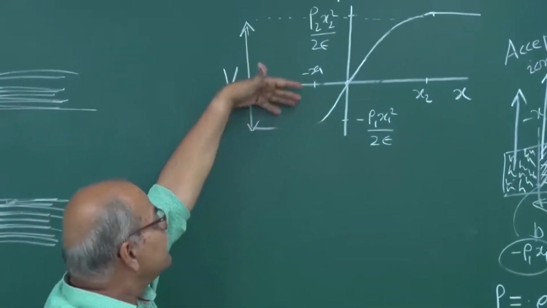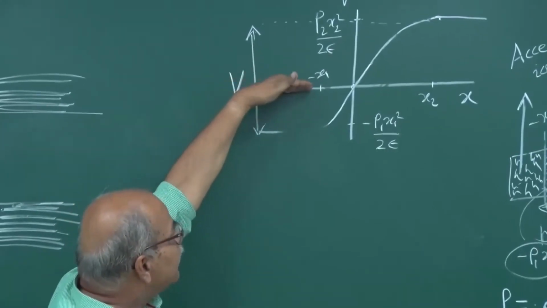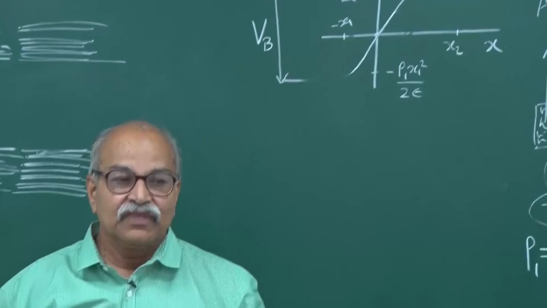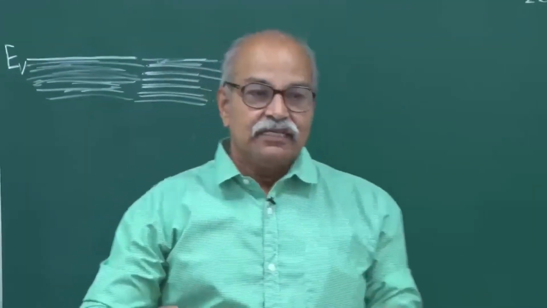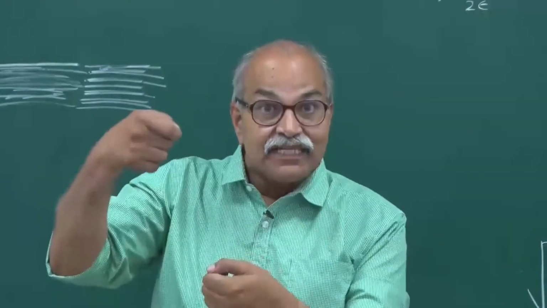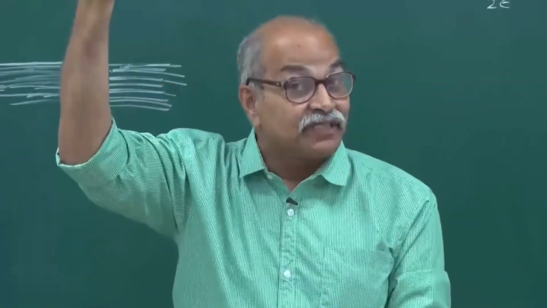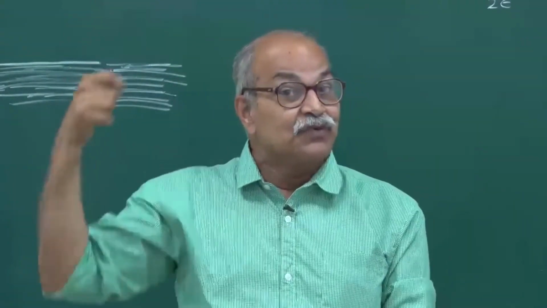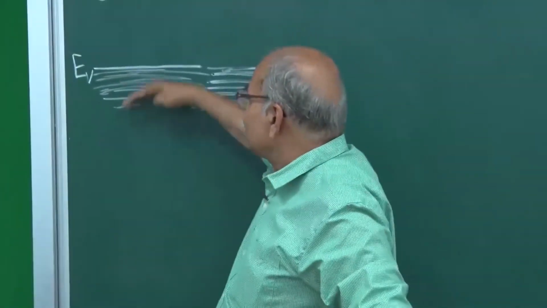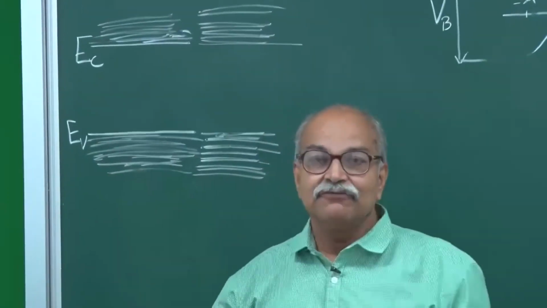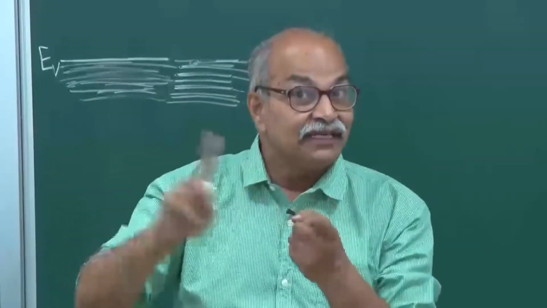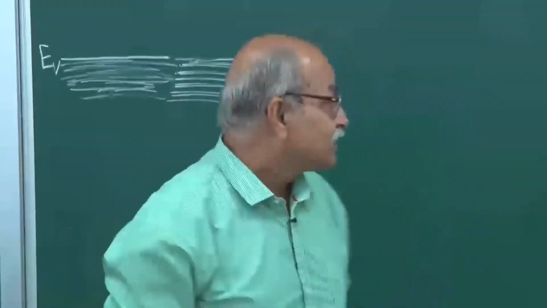On p side the potential has gone down. So potential has gone down, that means systematically you are changing the energy levels, all the energy levels upshift, right? Because what we are showing is the electron energies. These are the energy levels for electrons, and therefore potential and energy, you will have a negative sign in between, right?